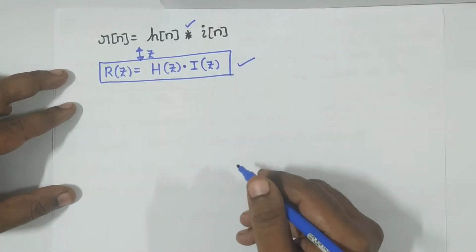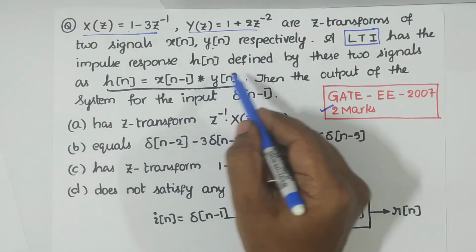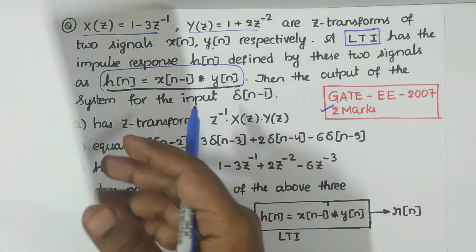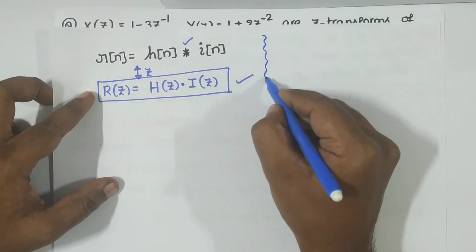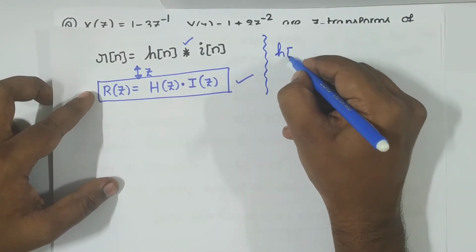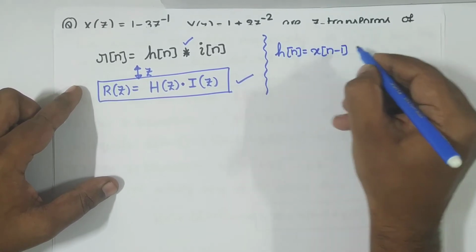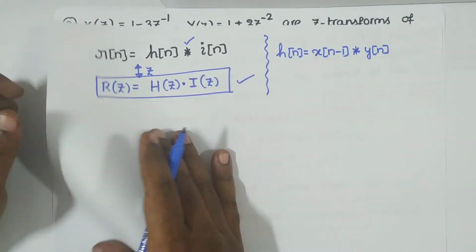Okay, now what is h of z? See, given to you like this, h of n is equal to x of n minus 1 convolved with y of n. So let me take down that fellow. So h of n is equal to x of n minus 1 linearly convolved with y of n.